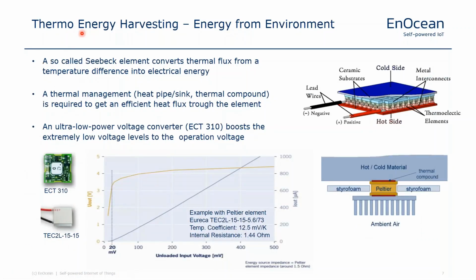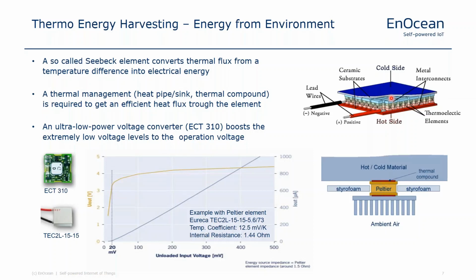Okay, let's start with thermo harvesting. Thermo harvesting is a good way to get energy from the environment. A so-called Seebeck element converts a thermal flux from a temperature difference into electrical energy. On the right side, you see this kind of element, a Seebeck element. There is one hot side, the red side below, and the cold side above.